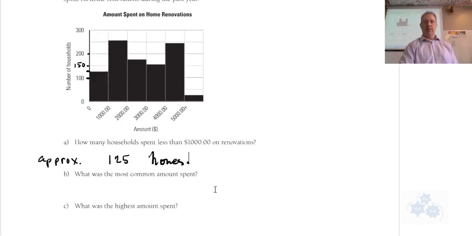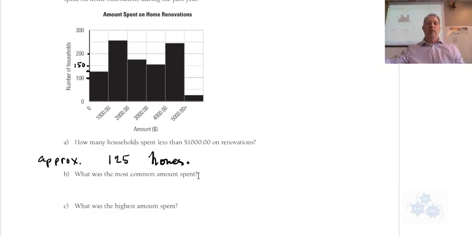What was the most common amount spent? What range would you say? What's the most common amount of money spent on renovations according to this graph? Okay, so you're saying 255.